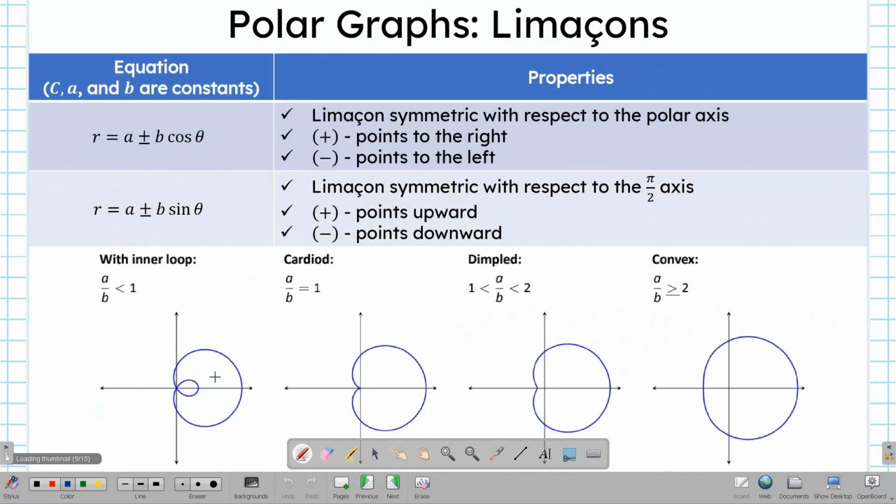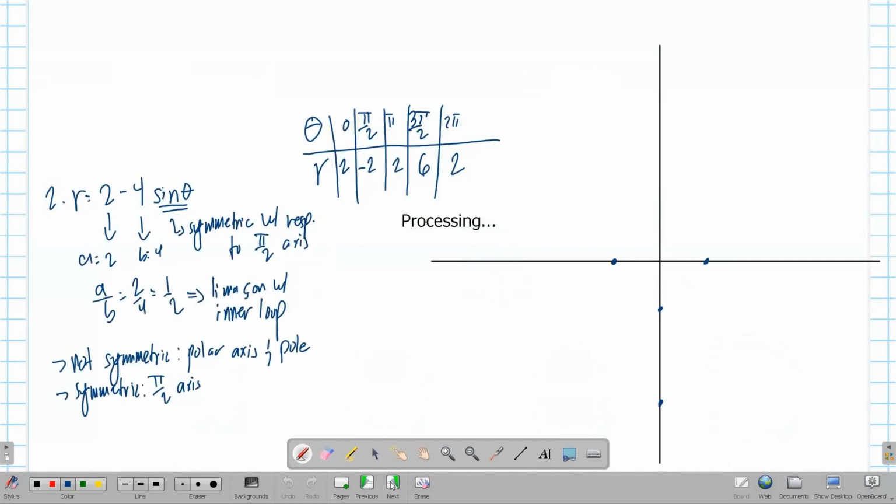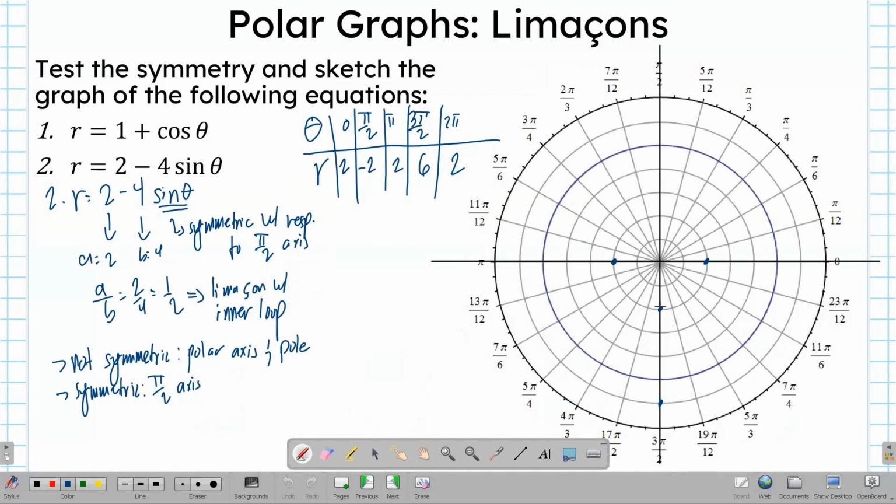It looks like this. It crosses the pole. So we can see it's symmetric with respect to the pi over 2 axis. So it somehow looks like this.